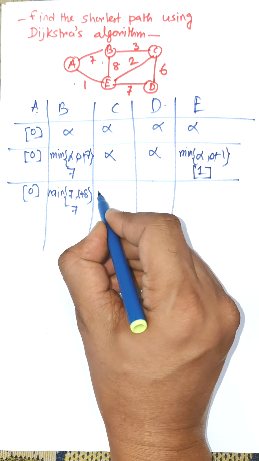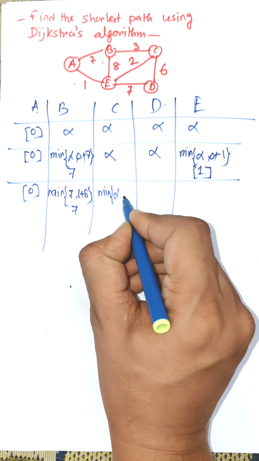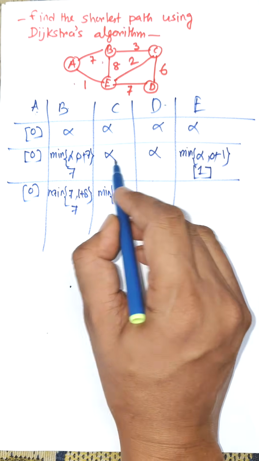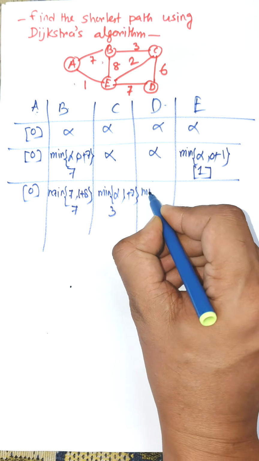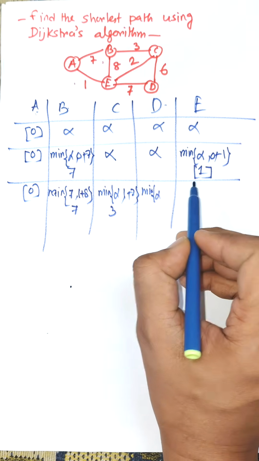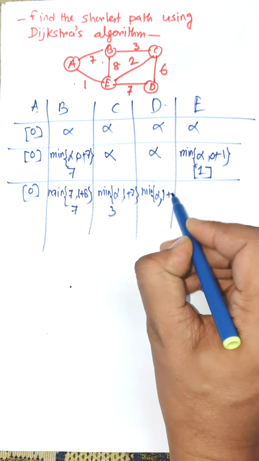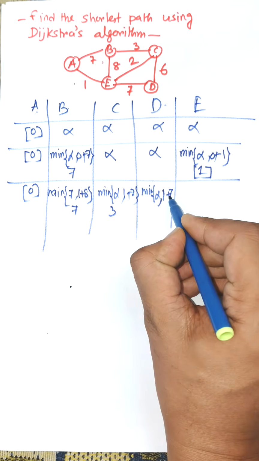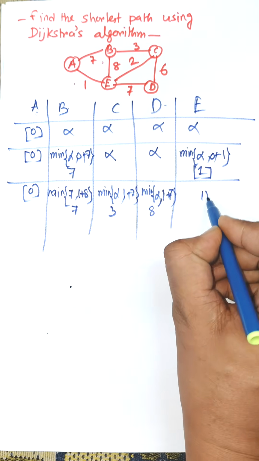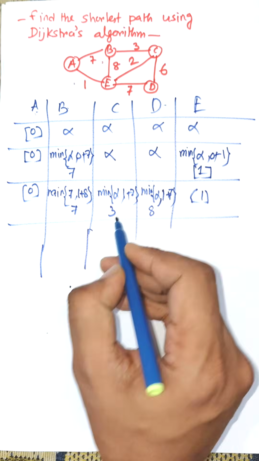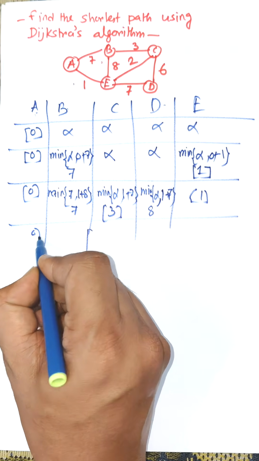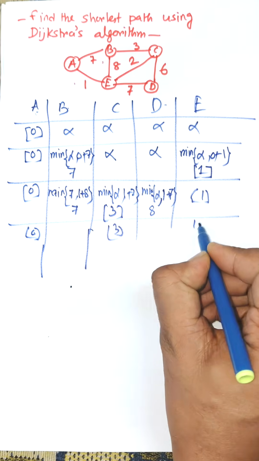Next, minimum, old value is infinity, 1 plus C to E, that is 2, and minimum is 3. Next minimum is infinity, and 1 plus DE, distance of that is 8. Among all the values in the third row, 3 is minimum, so it is considered as permanent. So 0 is copied here, 3 is copied, and 1.